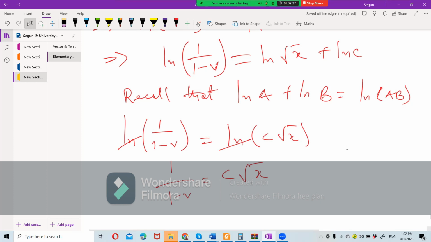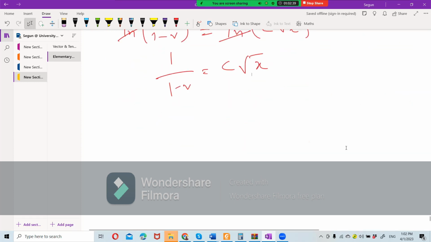Please, who can tell us what is our v in this case? Hello, guys. What is v? v is equals to what?